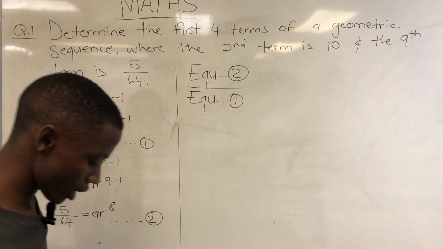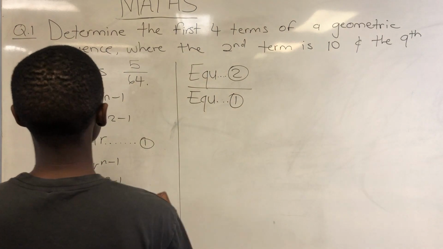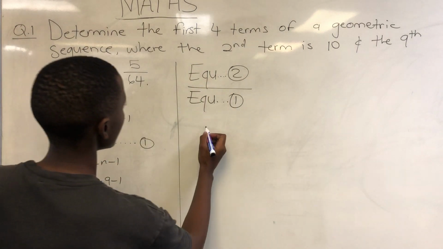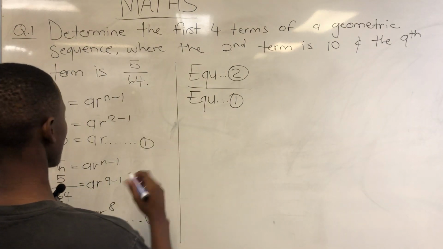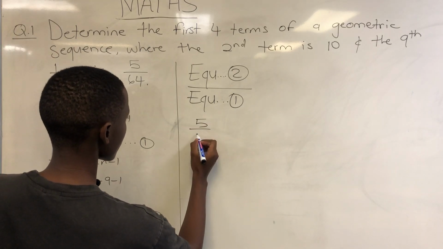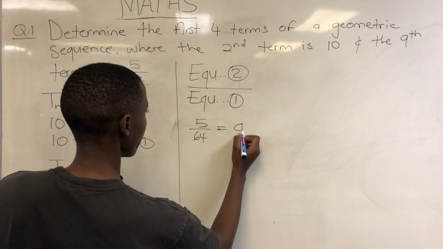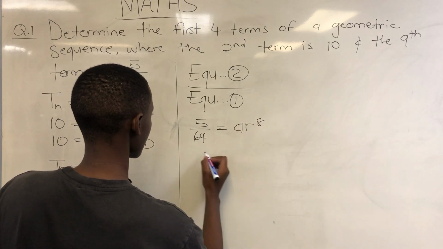All right, so equation 2 is 5 over 64 equals AR to the power of 8.